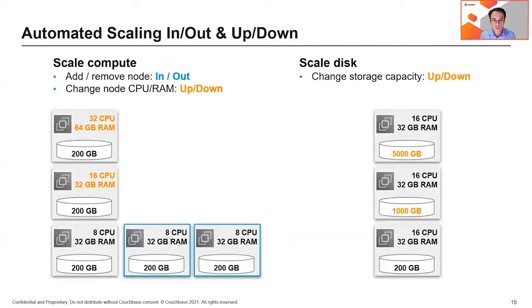A great feature that's important within Capella is the ability to very easily scale both vertically and horizontally. In terms of horizontal scaling, that's really about adding a node. So if we want to grow our cluster, we can add a node in Capella.